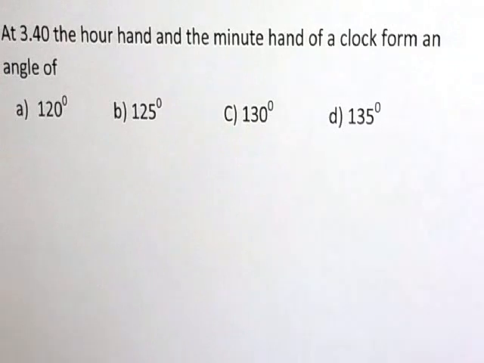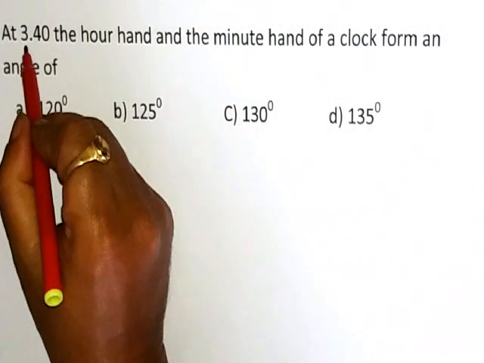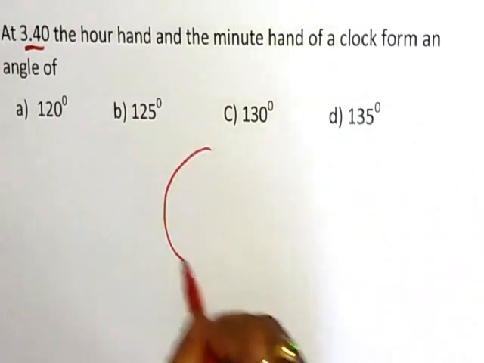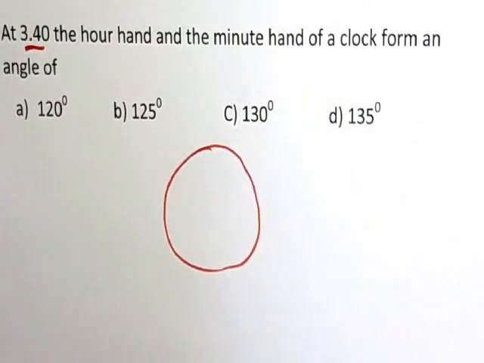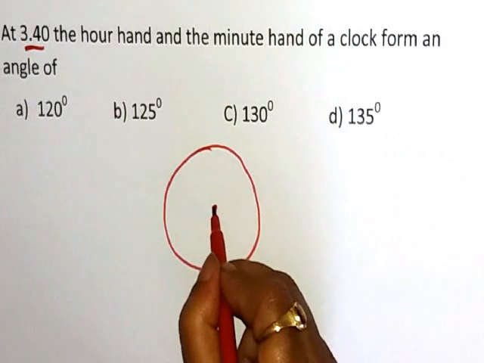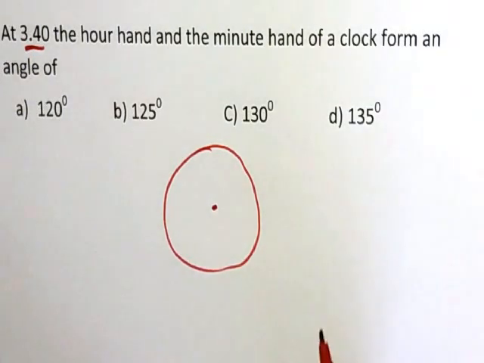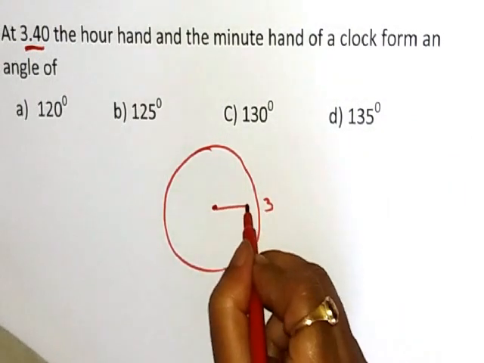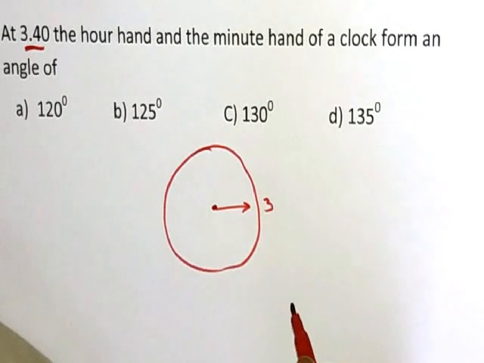Let's start with 3:40. That means 40 minutes past 3. The hour hand and the minute hand of a clock form an angle of what? Okay, let us draw a clock first. It's my clock. Now it's 3 o'clock, so this one is the hour hand, the smaller hand.